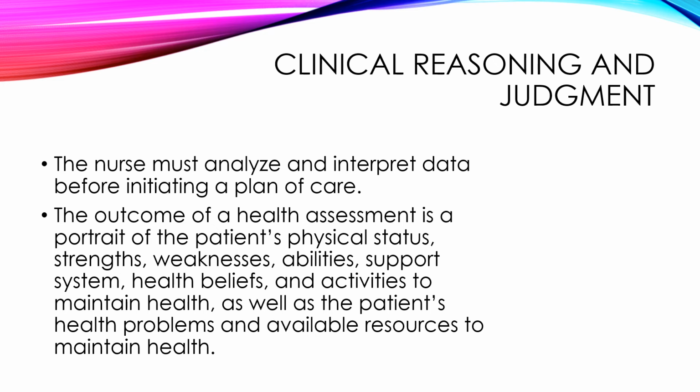The outcome of your assessment is a portrait of the patient's physical status, okay, their strengths and their weaknesses, their abilities, their support system, their beliefs about health, and their activities that they do to maintain their health, as well as their problems and any available resources to help them.